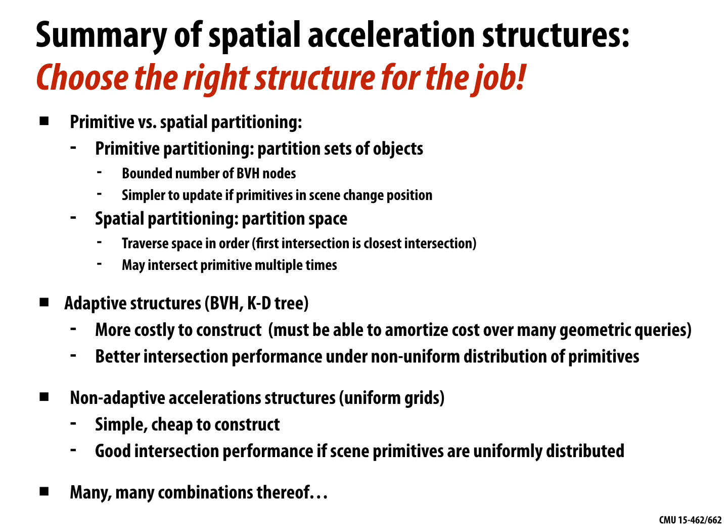Primitive partitioning says you have a bunch of objects like triangles, and you're going to hierarchically subdivide or partition those. Good thing about this is you always have a clear bound on the number of BVH nodes, right? The total number of nodes in your tree has nothing to do with how the geometry is distributed in space. Also, interestingly enough, it has nothing to do with dimension, right? The size of your tree is going to be the same whether you're talking about things in 2D or things in 3D.